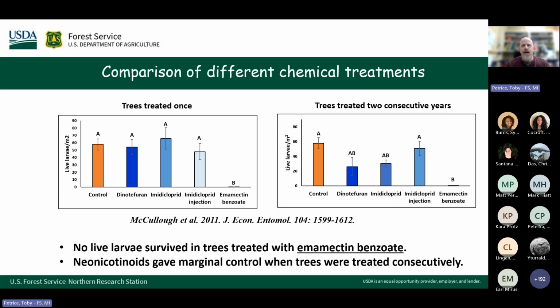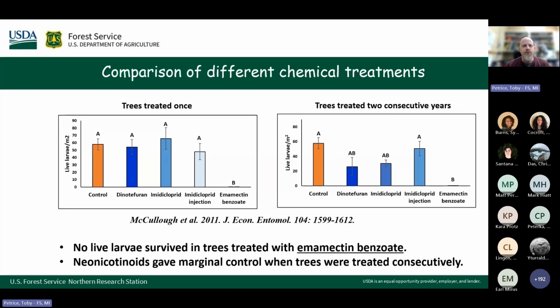And I just wanted to show you some data from some work that Deb McCullough and her team did in Michigan, comparing some of the neonicotinoids with emamectin benzoate. So on the left-hand side, we have a figure showing the live larvae found in trees after they were dissected.